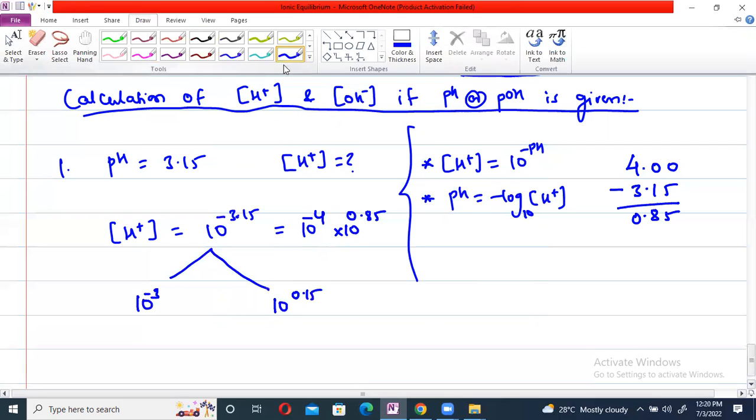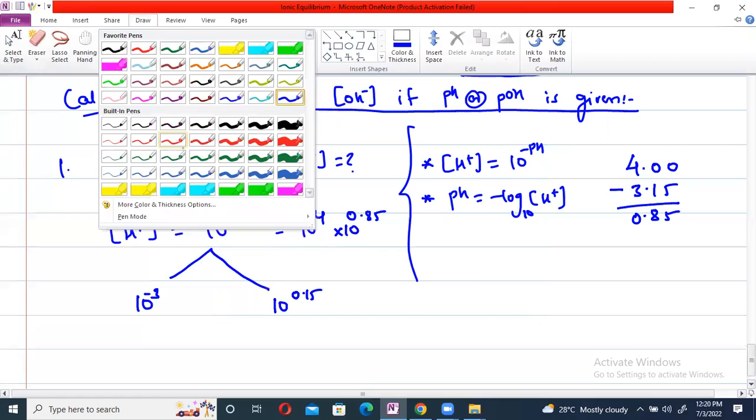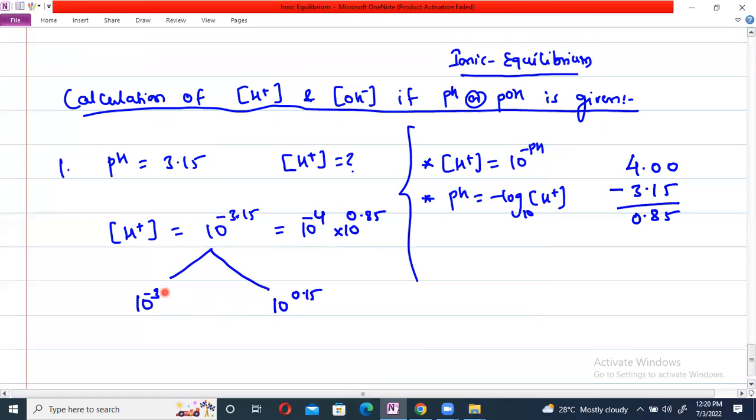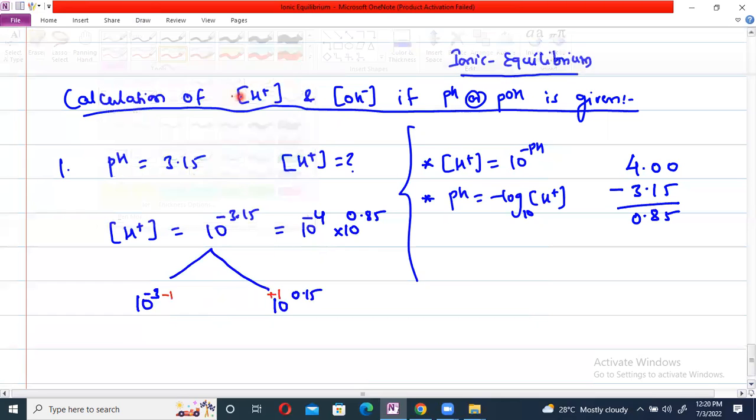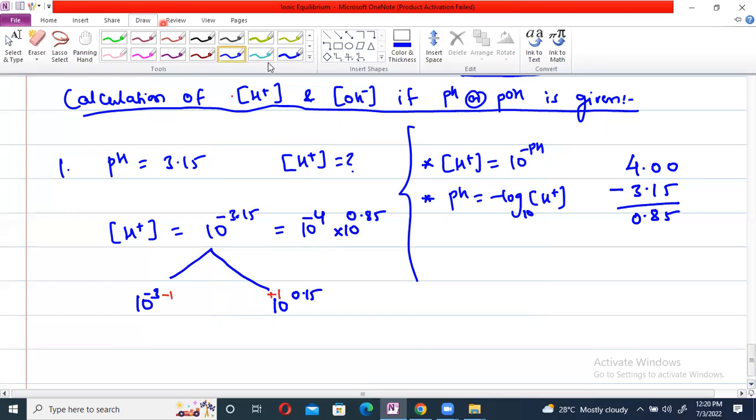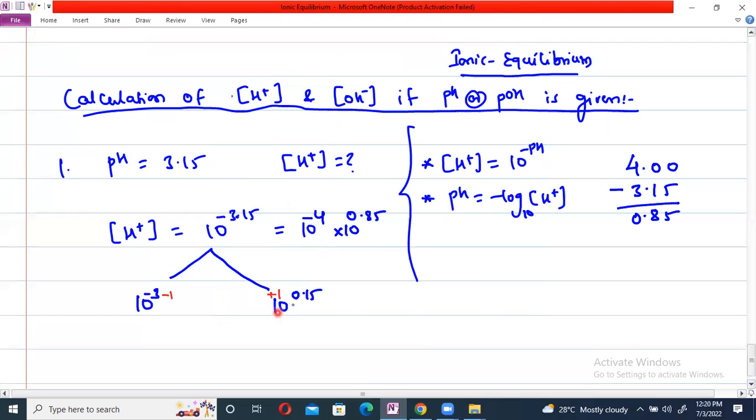Let us say I will put minus 1 on this side and plus 1 on this side.